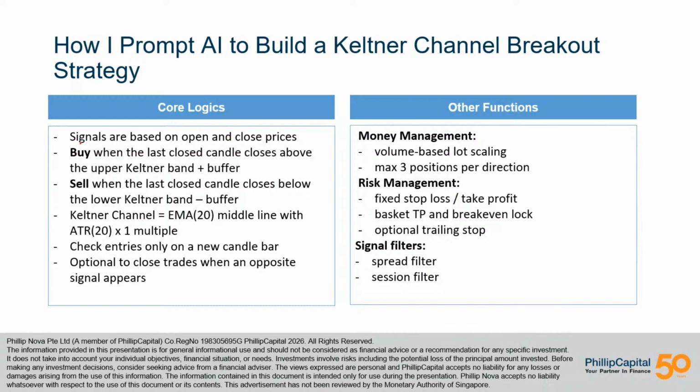I just simplify it here to make it easier for you guys to understand. Firstly, I use signals based on open and close prices, and then I would buy when the last candle closes above the upper Keltner band, plus a buffer. The buffer here is also another filtering logic.